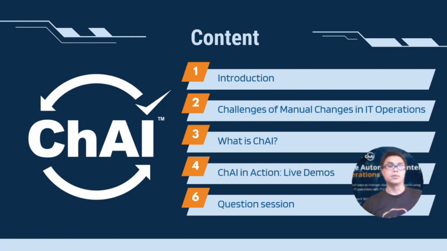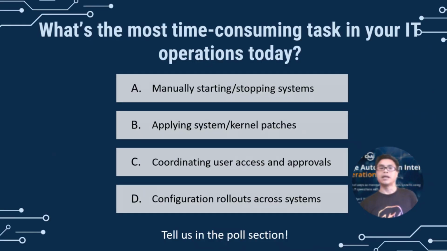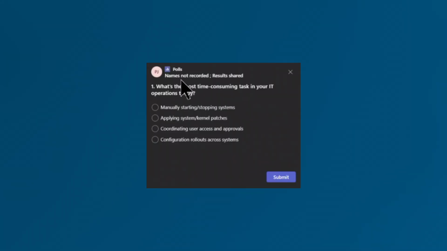Okay, so let's step through. Right now there's a quick poll of folks online about what type of change is consuming a lot of the IT operations today. If we can pop up a quick poll for this, I'll show the poll results.